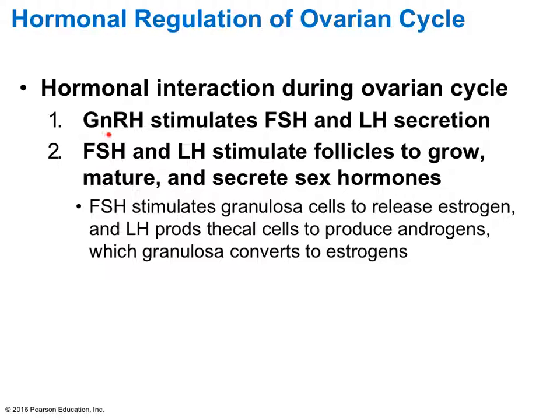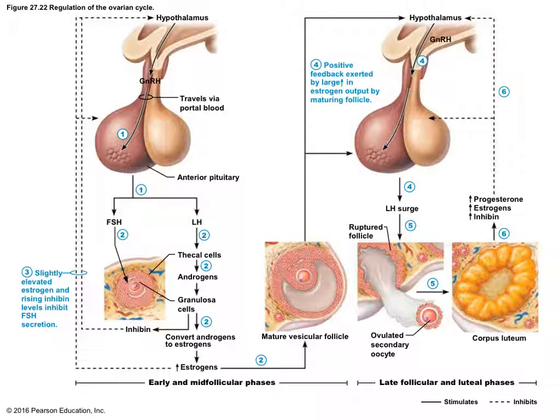Remember that gonadotropin-releasing hormone, which comes from the hypothalamus, is going to travel to the anterior pituitary, and it's going to cause a release of FSH and LH. And those are going to travel to the gonads, the ovaries, and stimulate production of the follicles and sex hormones there. So early in the follicular phase, the hypothalamus is going to act on the anterior pituitary via gonadotropin-releasing hormone.